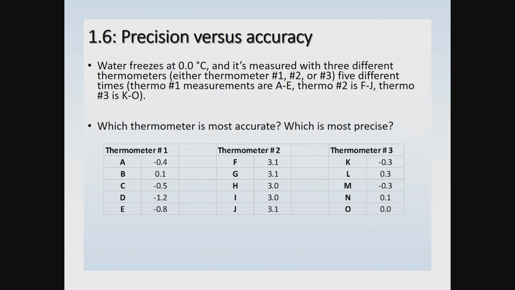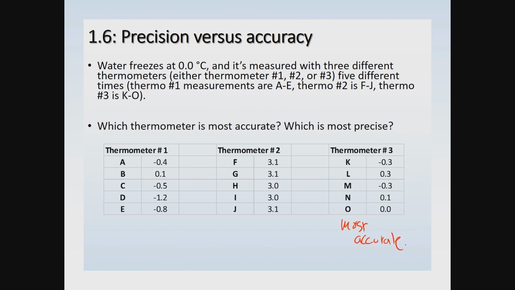That's closer to the true value of 0.0 degrees. And with thermometer 3, you can see that the measurements are hovering around 0.0 degrees. So it looks like thermometer 3, when you average all those numbers together, will give us an average that is closest to the true value. So I would say thermometer 3 is the most accurate.